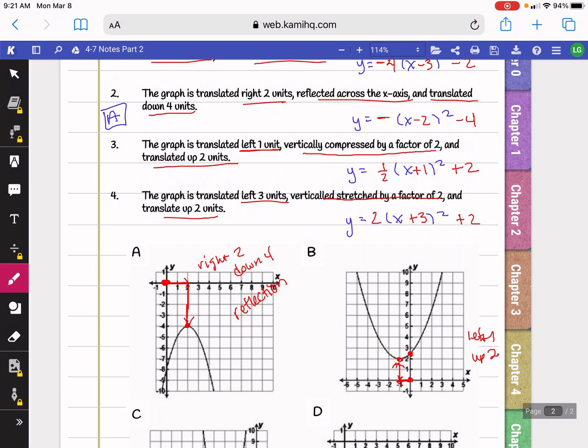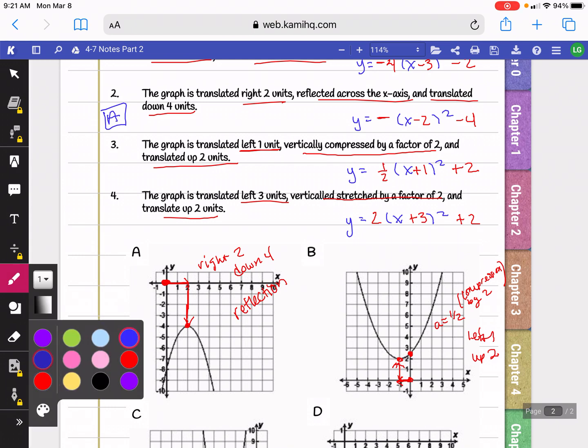So since it's only moved up 1/2, the A is 1/2 for this one. Or you could also say that's a compression by 2. This one matches description number 3. Because we know left 1 would be plus, up 2 would also be plus.